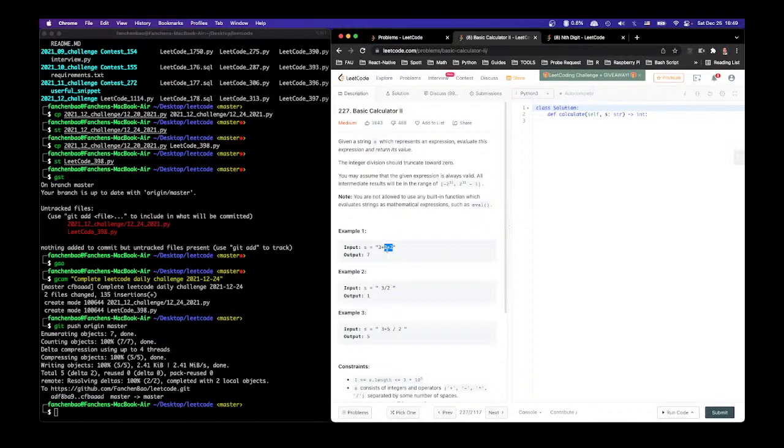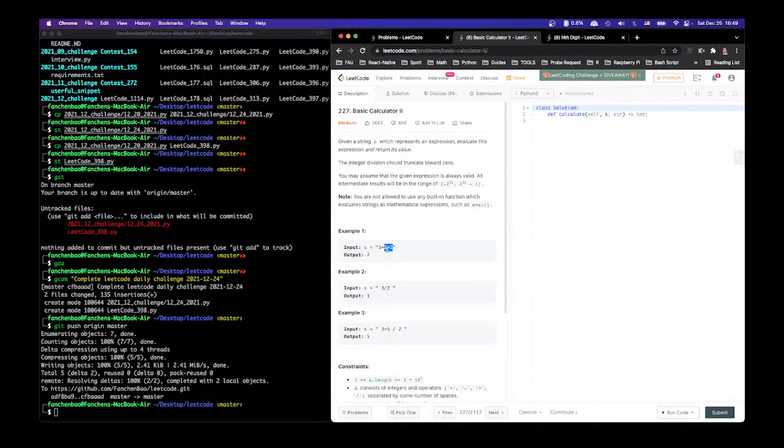So 2 is in the stack, multiply. We're going to say the current operation is multiplication. Well, if it's a plus sign, we can always add parentheses to the end.